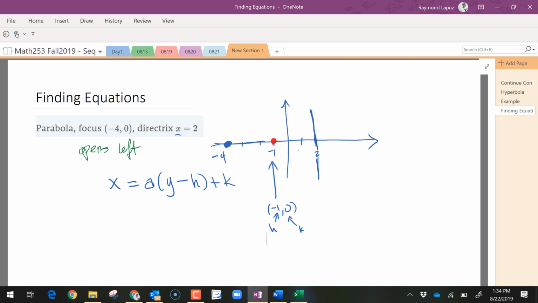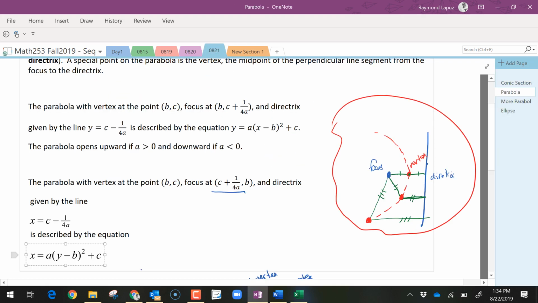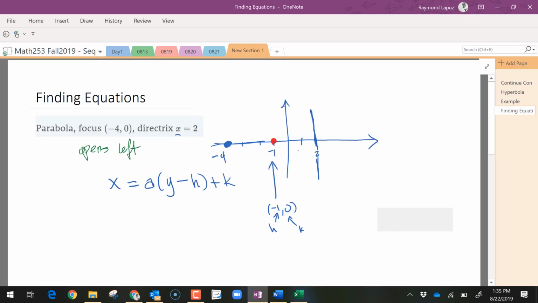Or you can get the x value of the focus. What is it? Oh, directrix. C? What's C? Oh, we put C. Oh, B and C. Oh, crap. All right, let's use B and C. Sorry.